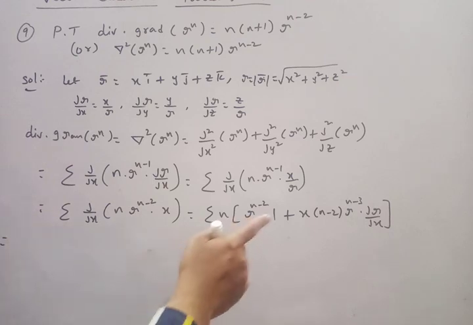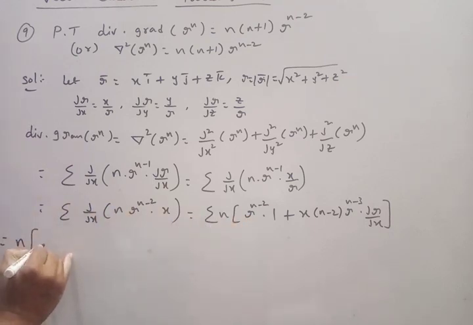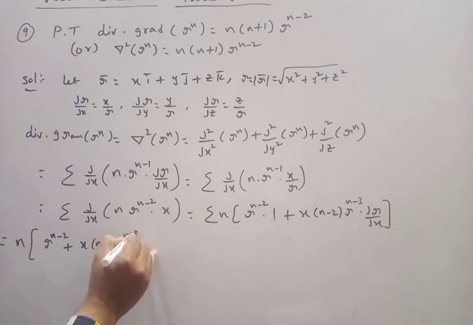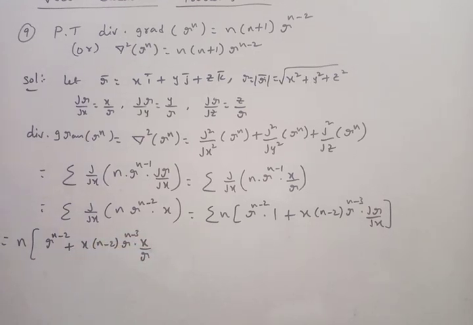So I am taking x summation removing. So n is common for all, r power n minus 2 plus x into n minus 2 r power n minus 3 dou r by dou x, which is what? x by r. This is the x term. Correct?